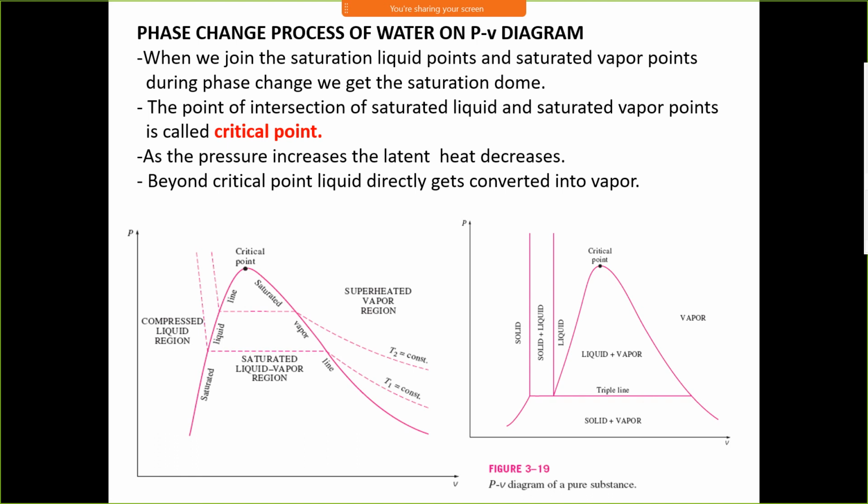But the PV diagram for water and other substances are different, because when water is cooled, it converts into ice, and the volume of ice is greater than water. It means we can say water expands on freezing.